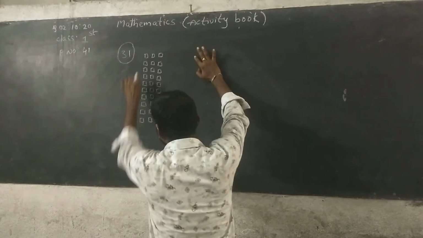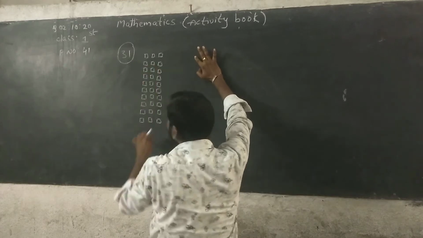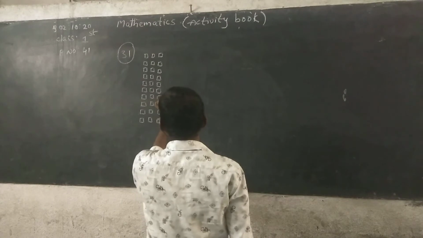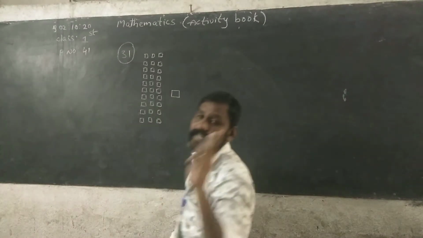So this is 1 pile, 2 piles, 3 piles. Means here in the tens place you can write 3.